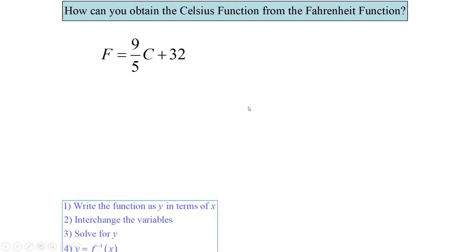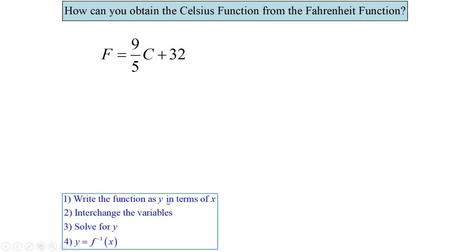Well, write the function as y in terms of x. So can I write this as y equals 9/5 x plus 32, just like that? Then interchange the variables. So now this y becomes an x, and this x becomes a y.